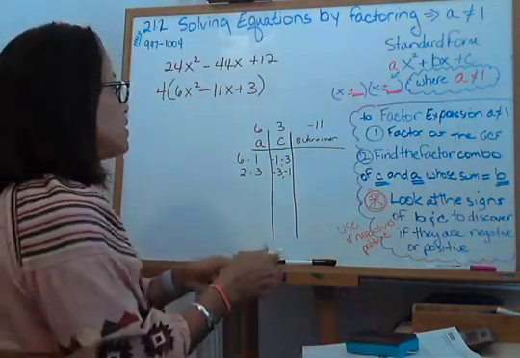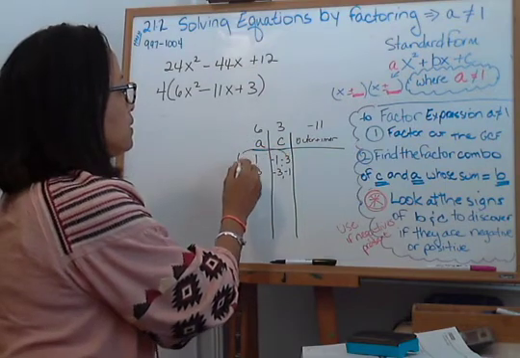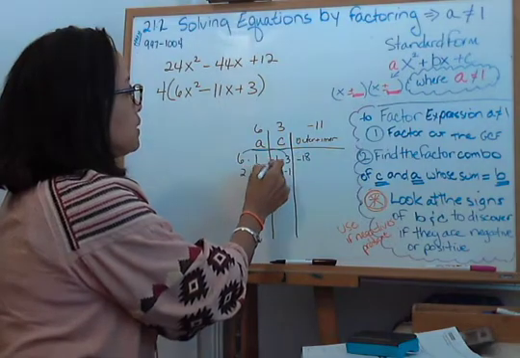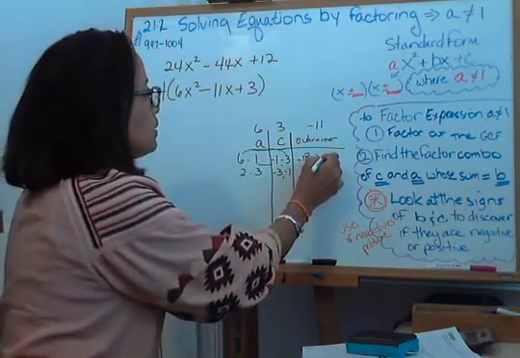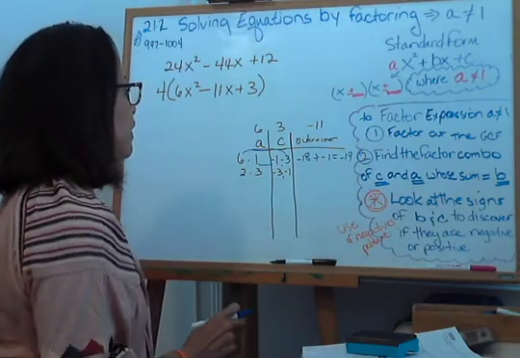Okay, let's start with those two sets and see if we get our answer there. So it's outside plus inside, so it would be 6 times negative 3 gives me negative 18, plus 1 times negative 1 gives me negative 19. I don't want that.